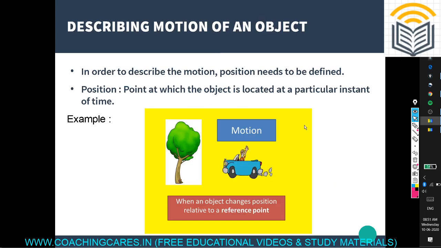Now let us describe the motion of an object. In order to describe the motion of an object, position needs to be defined. That is the most important term, position, by which we can define the motion. So let us understand what position is. Position is the point at which an object is located at a particular instant of time.